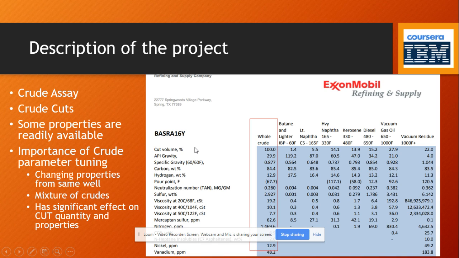Now, will I be able to predict all the different other parameters of the crude from only a subset of parameters? That is the problem out here. I will be given only those parameters which will be available from a quick lab test, and I will have to predict all the remaining parameters of the crude based on this subset of parameters.